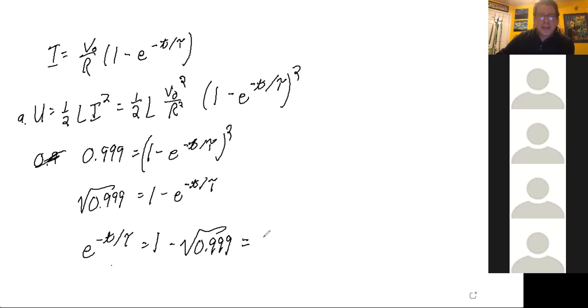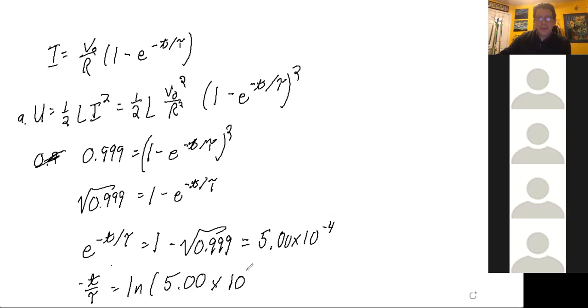That was 5 times 10 to the minus 4th, or 5.00 times 10 to the minus 4. Okay, all right, that sounds about right. And then I did ln on both sides and got negative t over tau is equal to negative 7.6, and then you get t equals 7.6 tau.